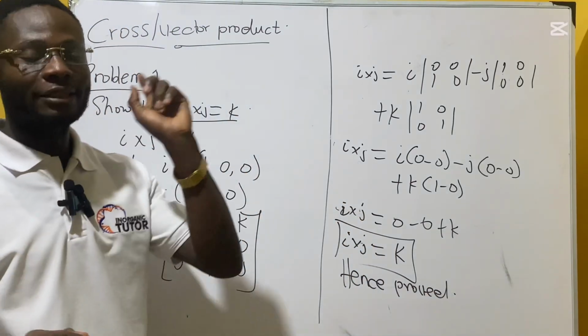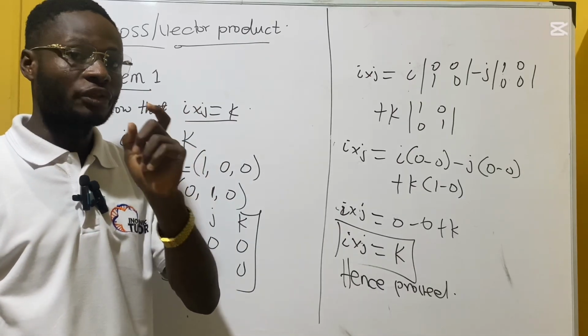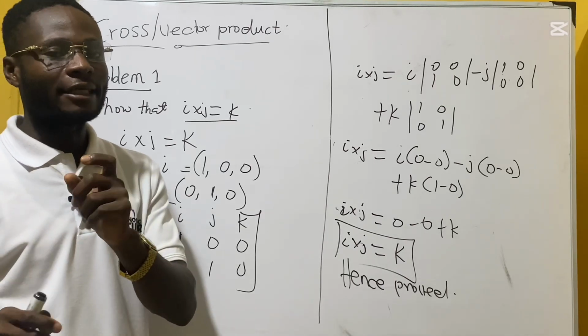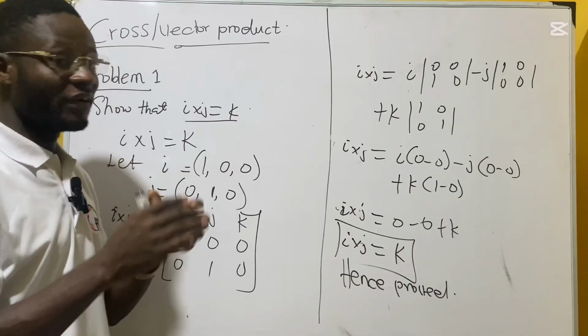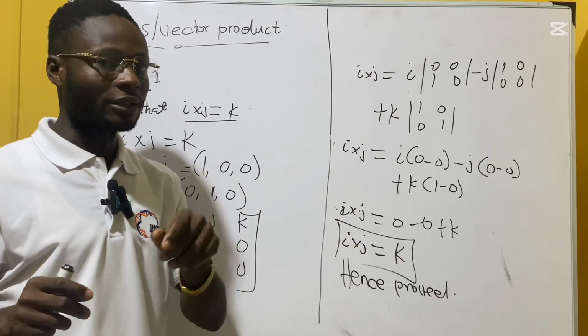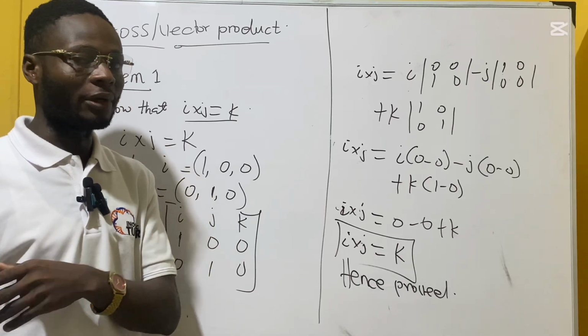If you want to prove that I cross J is equal to K, represent I by some vector element, right? Some vector. Okay, so you know that the magnitude of I is 1. So the rest will be 0 because we don't know about them.